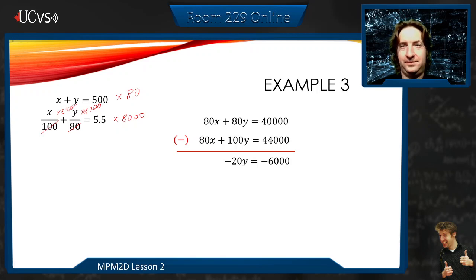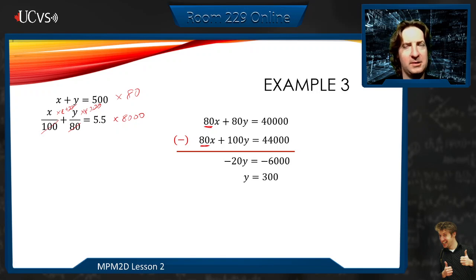So again, multiplying both equations by something to make the first coefficients match, so that when I subtract them, they cancel out. So 80 minus 100 is negative 20 y. 40,000 take away 44,000 is negative 4,000... negative 6,000. Solving for y, I get 300. What does that mean again?